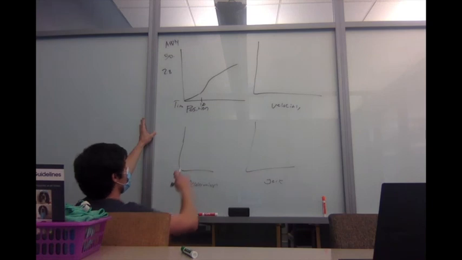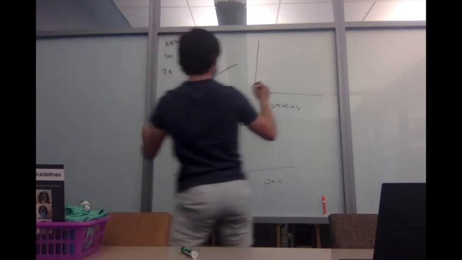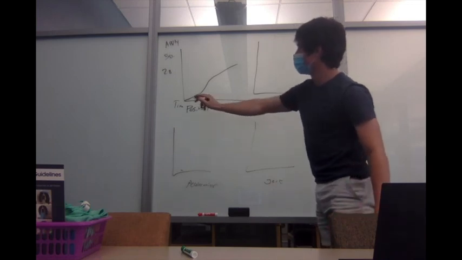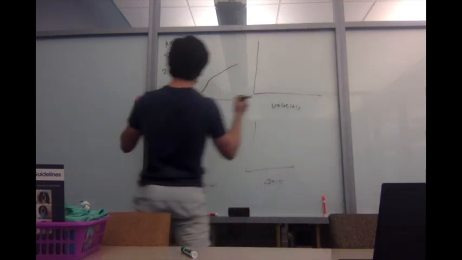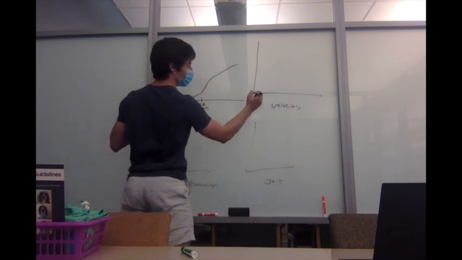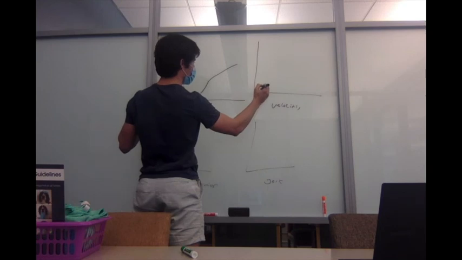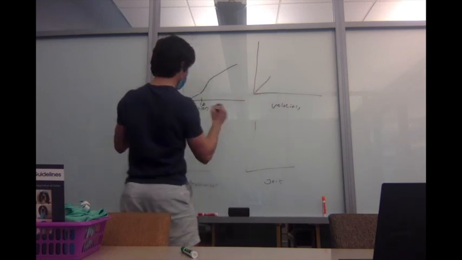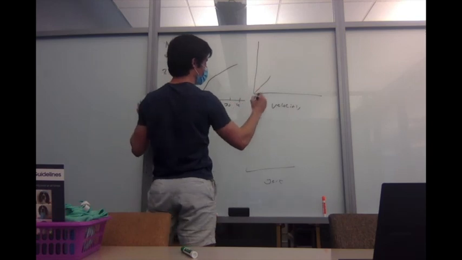So we're just doing the derivative of every one. Okay, so the rate of change is sort of increasing here. So we're going to start at 0. It's going to be increasing. I'll label this like 20, 30, 40, just so we have a reference.